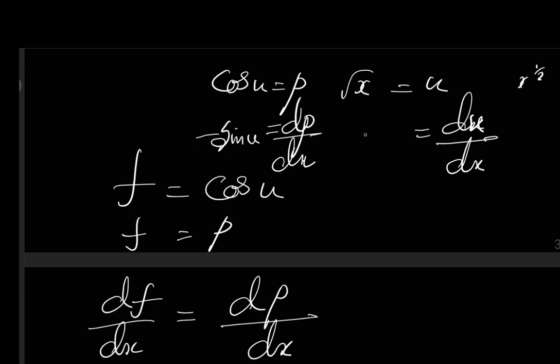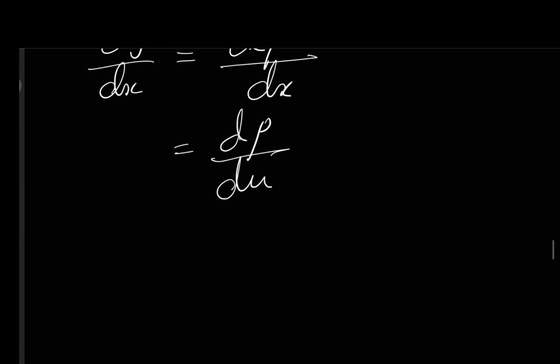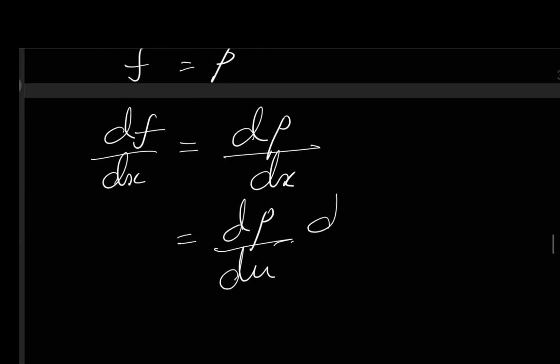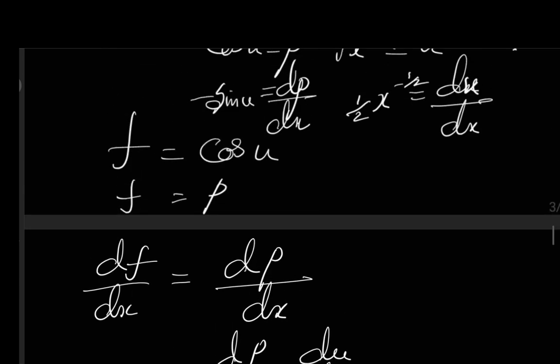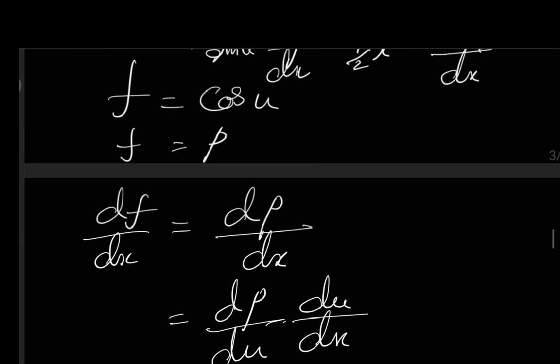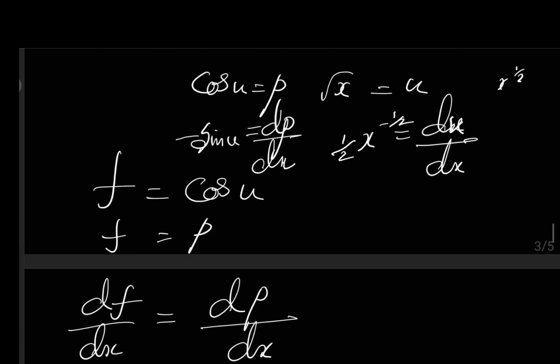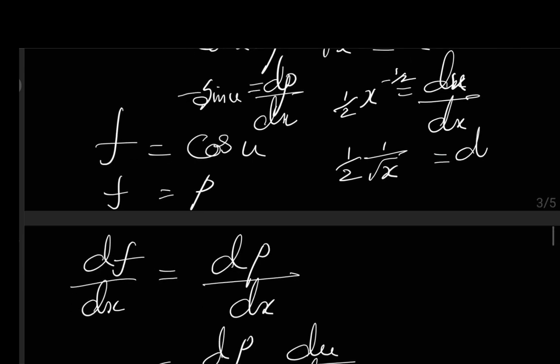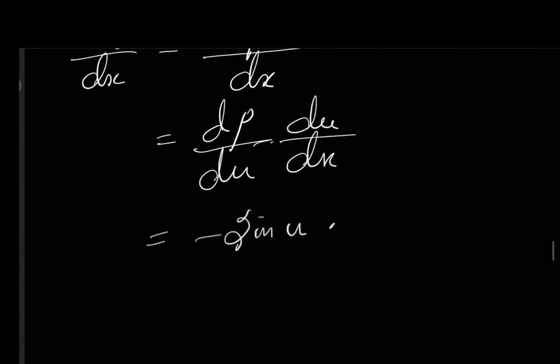X power half means we bring half in front of x. X power half minus 1 is minus half. Just substitute here dp by du, du by dx. So dp by du is minus sine u and du by dx is half of 1 by root x, this is your du by dx.